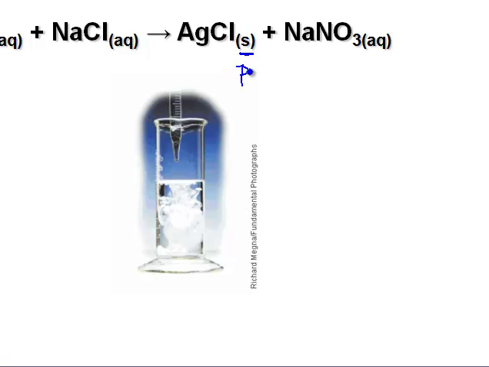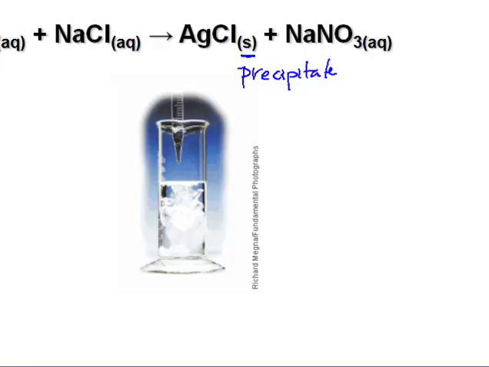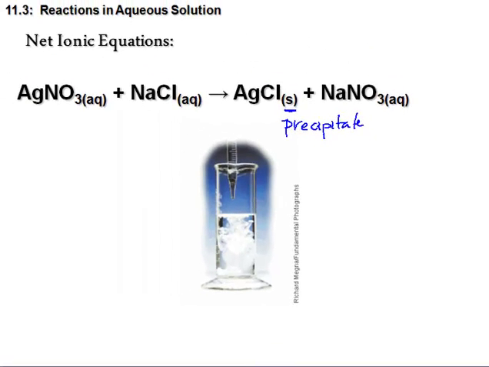That means it is a precipitate. A precipitate is a substance that falls out of solution, which basically means when the two react, it becomes a solid and falls out of solution as a solid. And the sodium nitrate here is still going to be an aqueous solution.